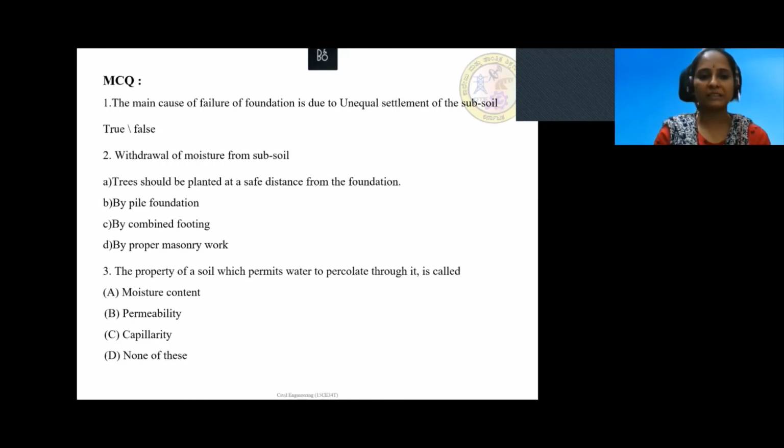Question number 3. The property of a soil which permits water to percolate through it is called as option A, moisture content, option B, permeability, option C, capillarity, option D, none of these.